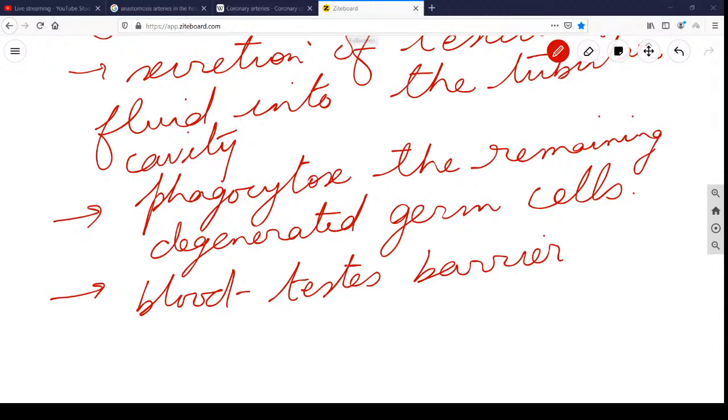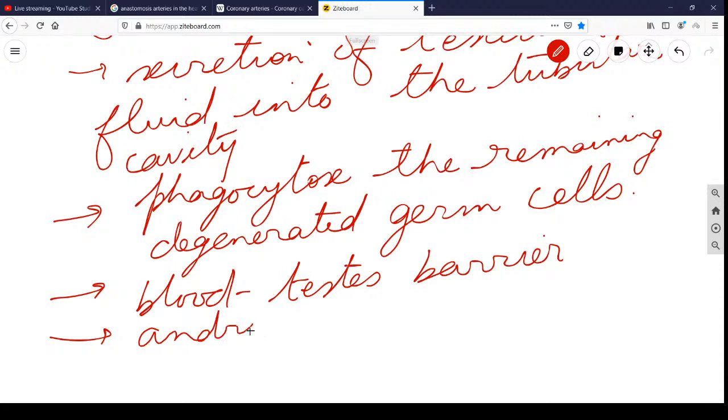Now Sertoli cells also secrete various proteins, including androgen binding protein and various hormones that we have already talked about, like inhibin and anti-mullerian hormone.